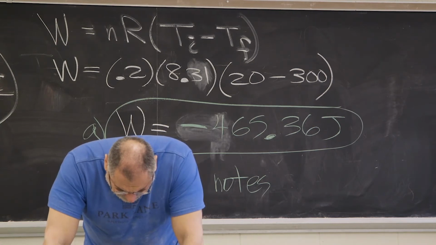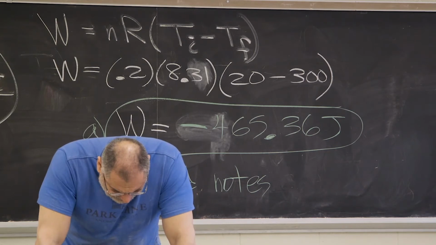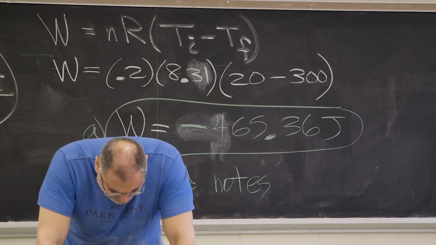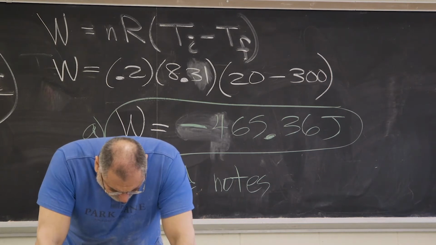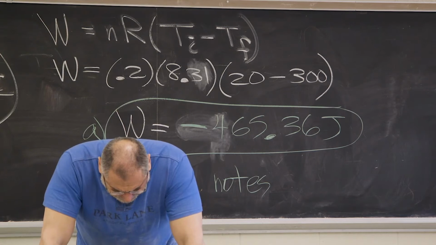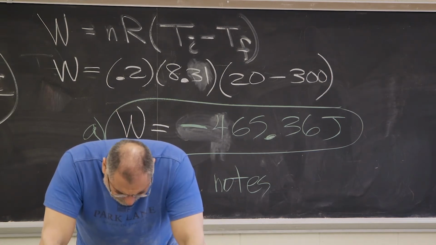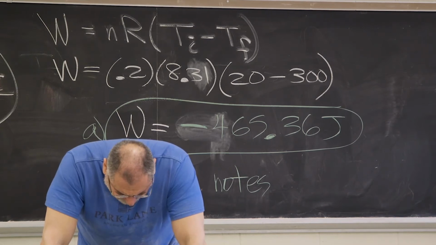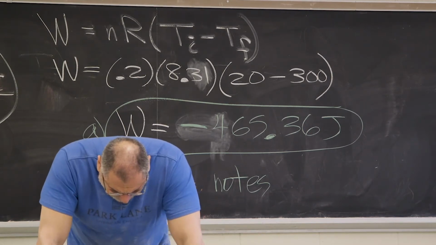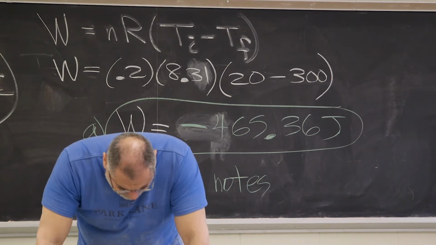Compute delta U minus W, which will give you the Q. Must thermal energy be transferred to the gas during the constant pressure expansion or be taken away? I, compute Q, the thermal energy transfer. J, what symbolic relationship between Q, delta U, and W is suggested by the values obtained?